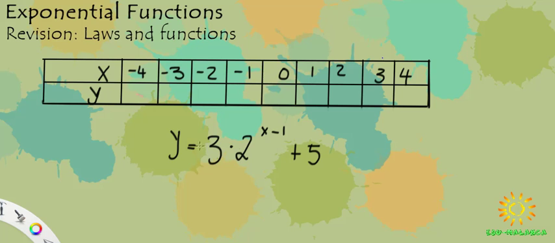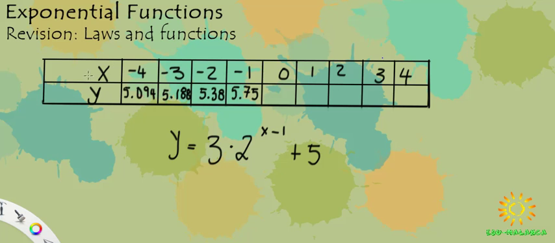For this function, when x is negative 4, the y is 5.094. When x is negative 3, it's 5.188. And when it's negative 2, it's 5.38. When it's negative 1, you have 5.75.